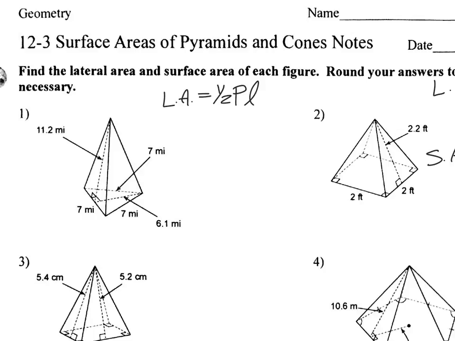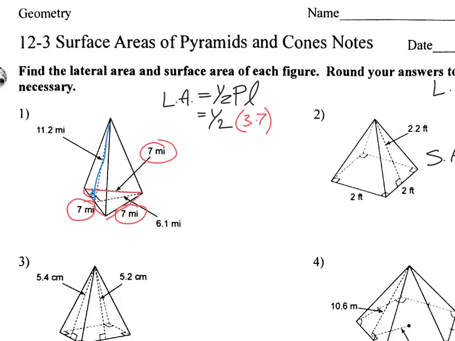Okay, so let's go ahead and do this. So we get 1/2. Now, perimeter. That's the distance around the base of the figure. So this is 7, this is 7, and that one's 7. So that would be 3 times 7 times the slant height. Now the slant height is the height of the slanted face, which is this right here.